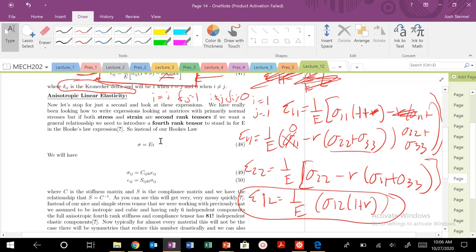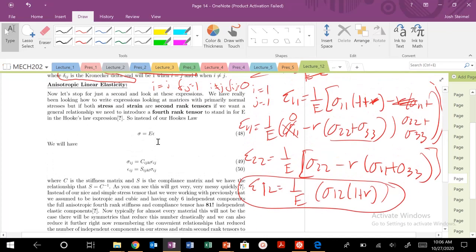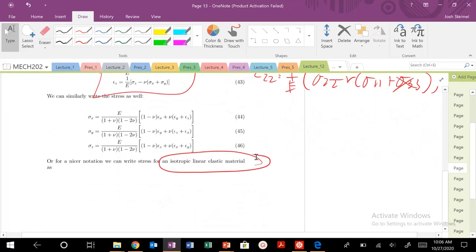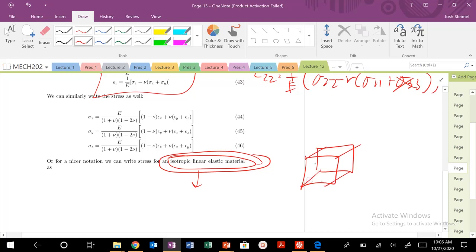So next time we're going to get into a brief discussion of, actually we'll go through it right now. We've been assuming, and it's explicitly stated here in the notes, that we are developing theories for an isotropic linear elastic material. Isotropic means that our material will exhibit the same properties regardless of the direction.